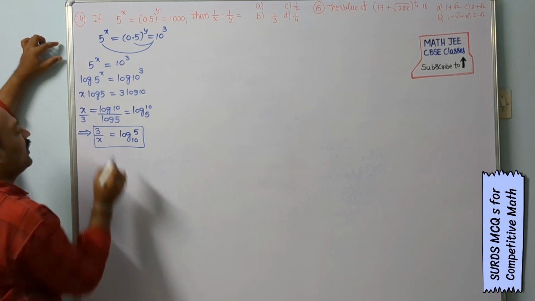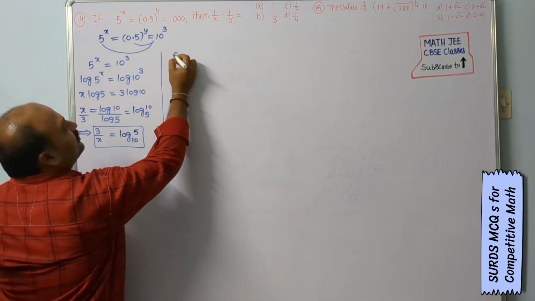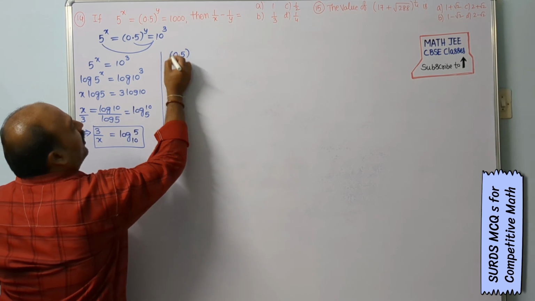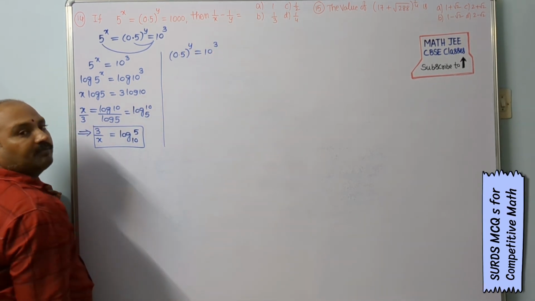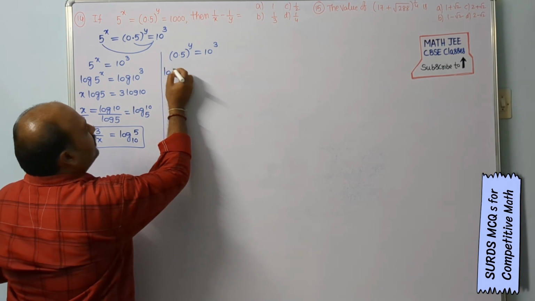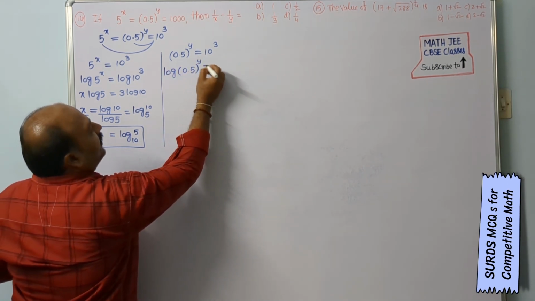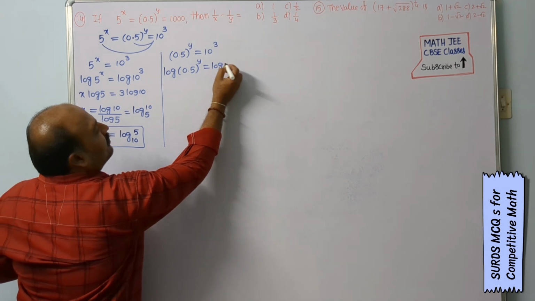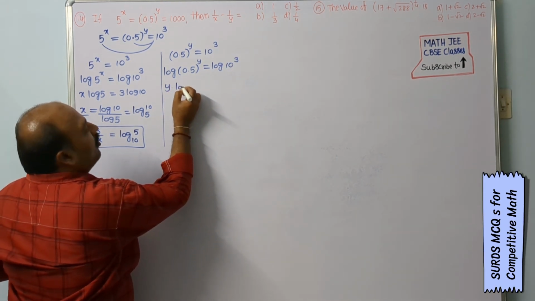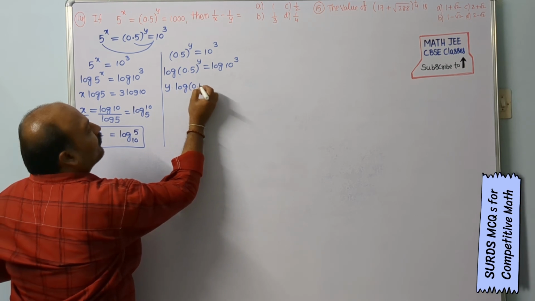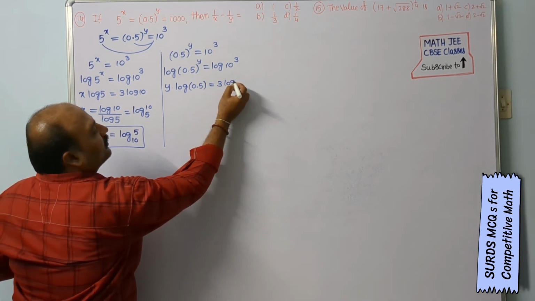Similarly, we can do the y term also. So how to do the y term? 0.5 whole power y is equal to 10 power 3. Taking log on both sides, log 0.5 whole power y is equal to log 10 power 3. So y into log 0.5 is equal to 3 log 10.